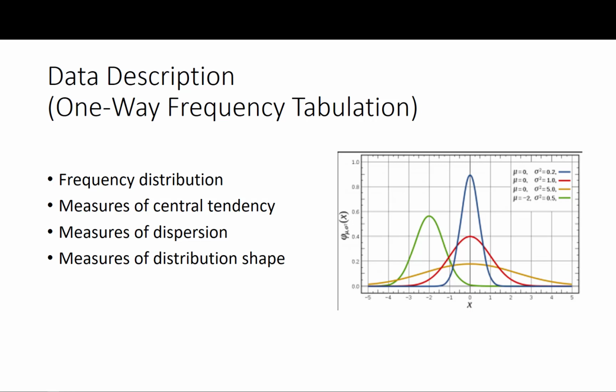Measurements of dispersion. Do we have a lot of people at either end? Are people not centered around the mean? Do we have this kind of skewness? And the distribution shape, so this idea of peakedness versus flatness.